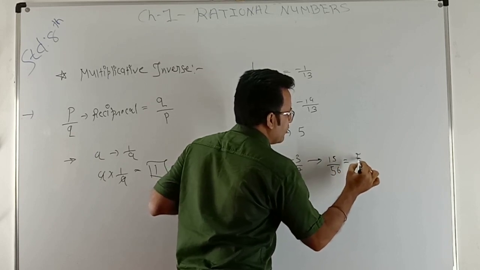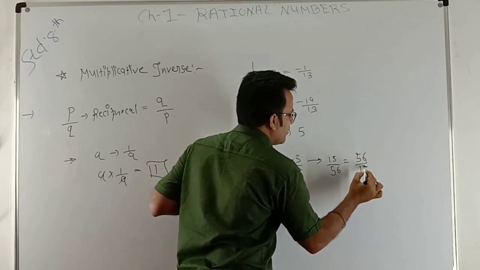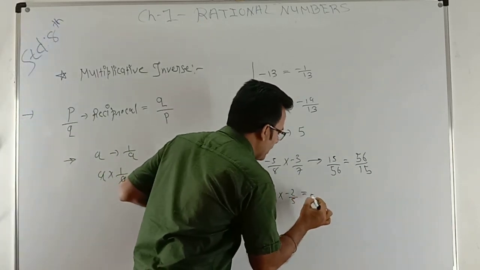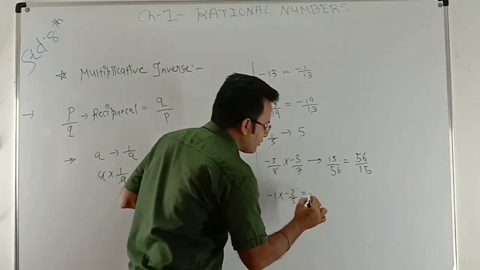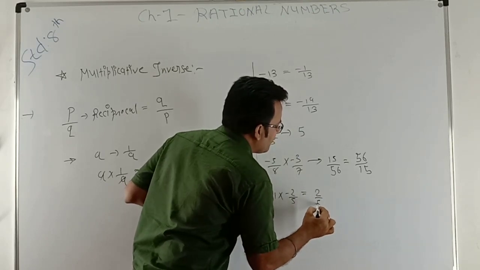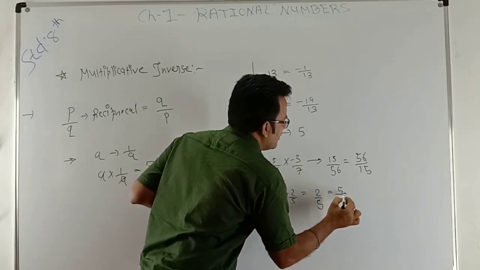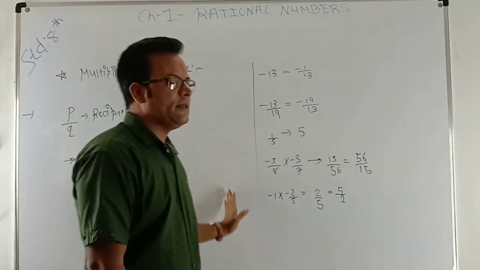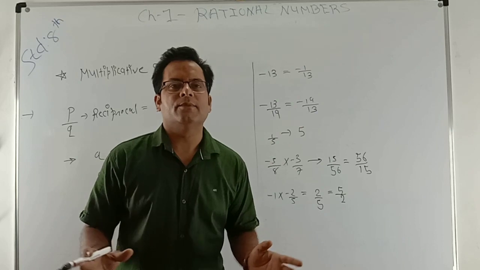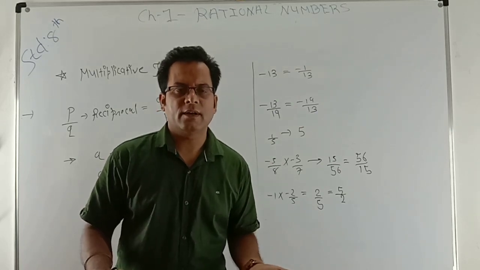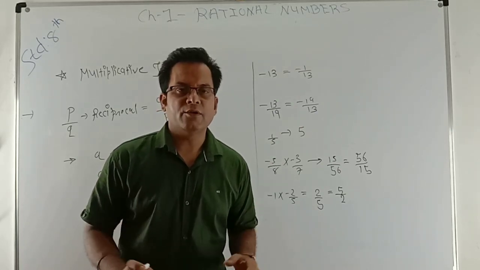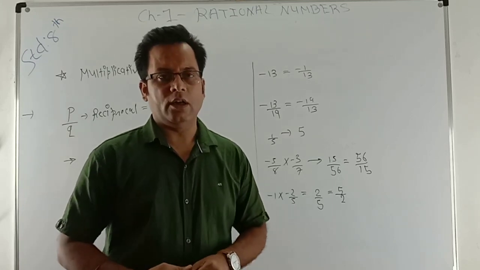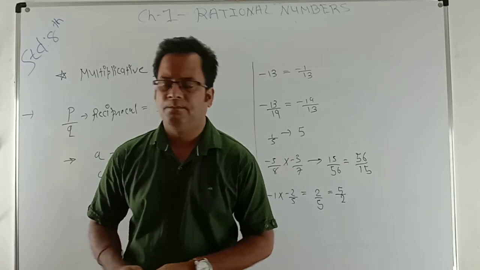Then you have to make the reciprocal, then it will be 56 upon 15. Here also same way, minus 1 into minus 2 is equal to plus 2. So 2 upon 5 becomes 5 upon 2. So this is about multiplicative inverse. Here the answer comes 1 only if you solve it. Okay, and you have to keep one thing in mind, that you have to make the reciprocal of the given number.